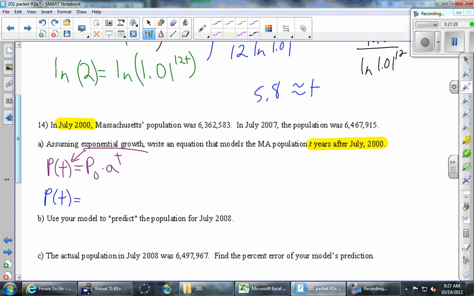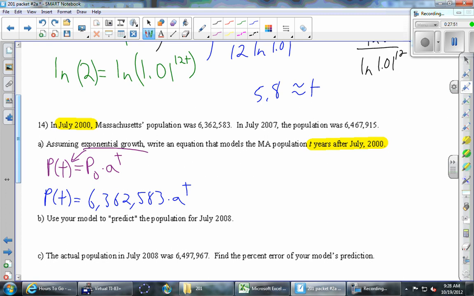So P of t is equal to the 6,300,000 and change, and still times a to the t.